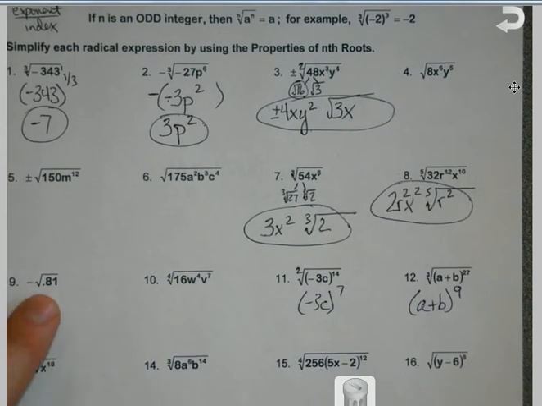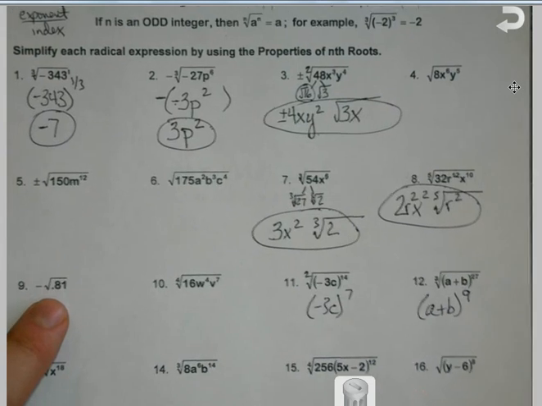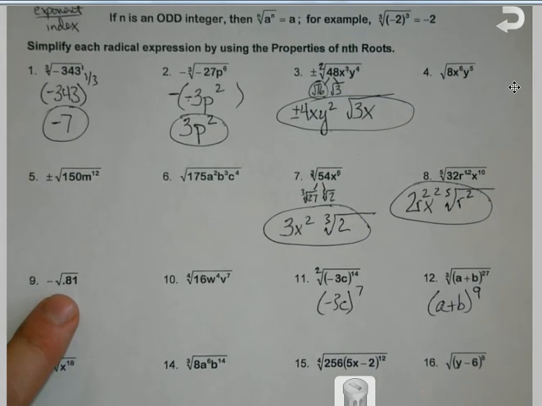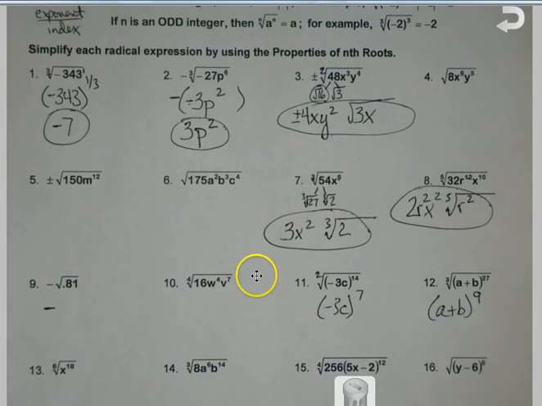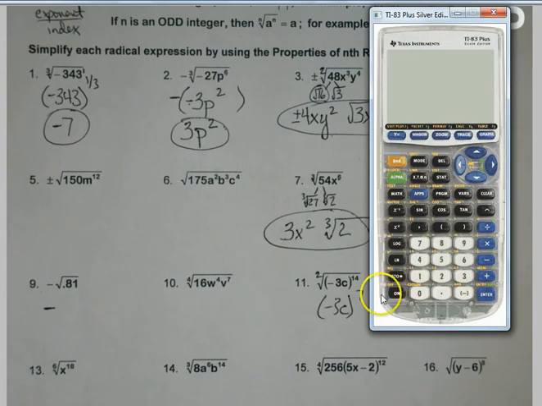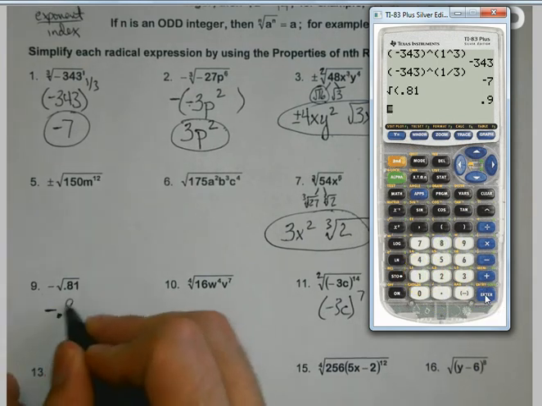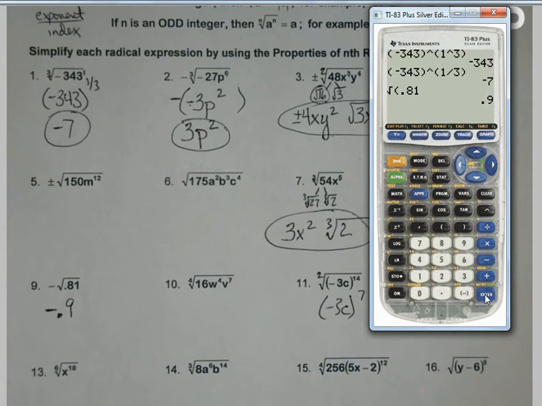If it's a decimal and you're not sure, no panic. Just think of it this way. You can either go to the calculator, get a little assistance, but I think some of you, once you see this, will be like, oh yeah, that makes sense. Because 9 times 9 is 81.